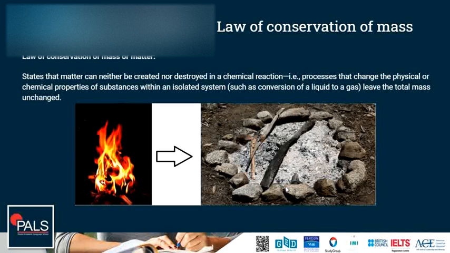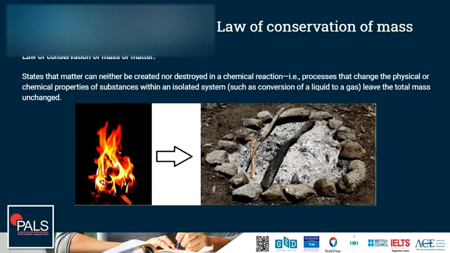Well, it does, because the product of the reaction when wood is burning is not only the ash that is left over, but the main products of this reaction are carbon dioxide, which is a gas, and water vapor, which is water in the gaseous state. And both these gases will escape.